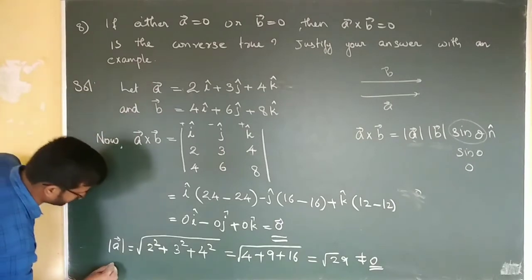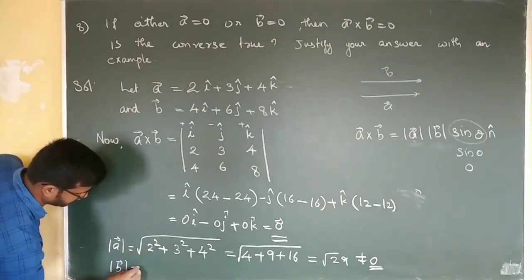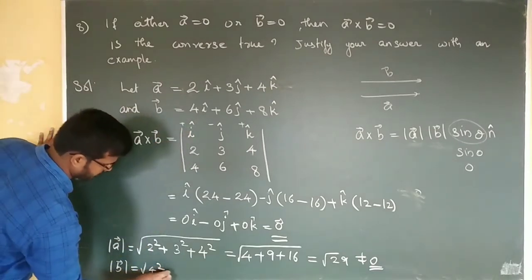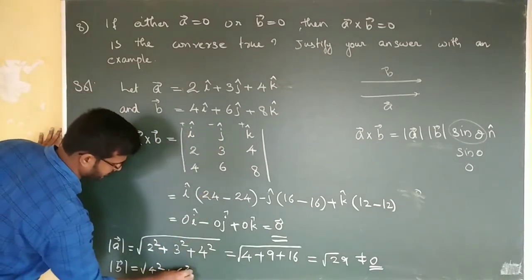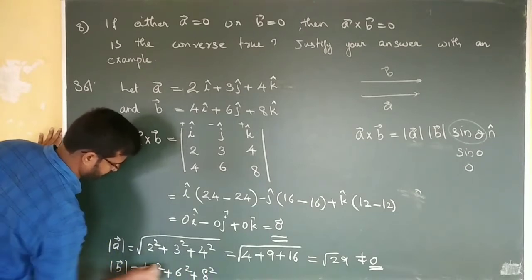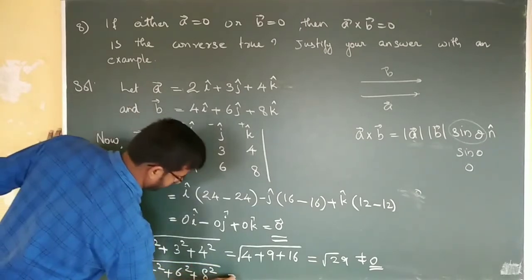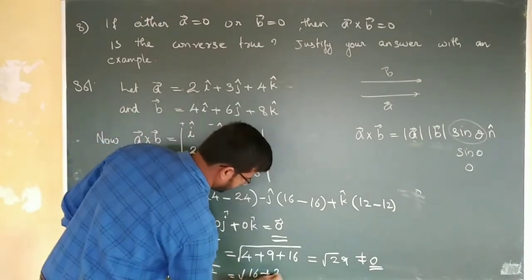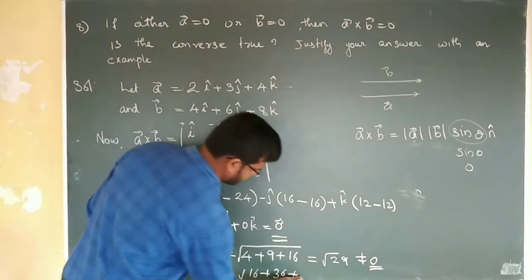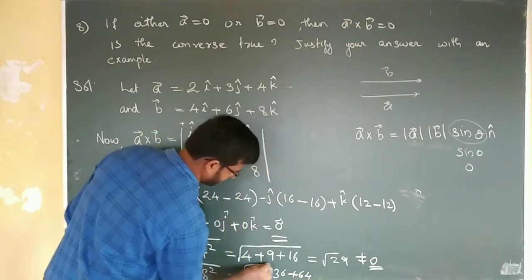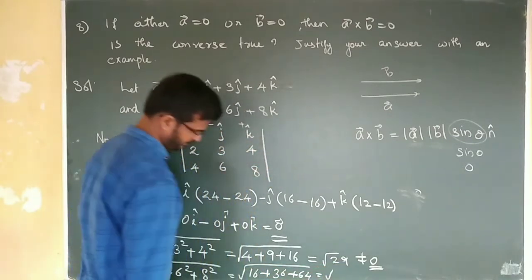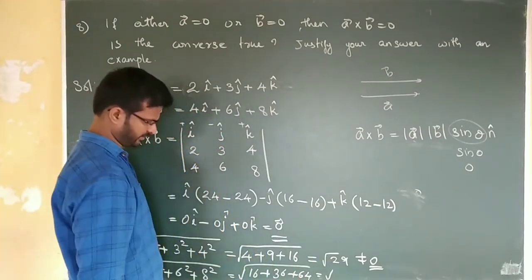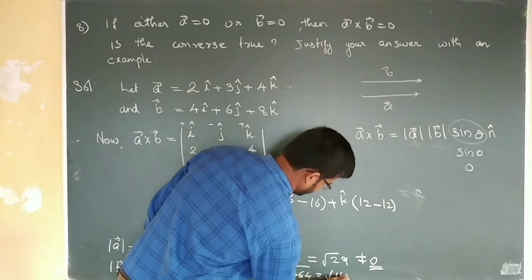And next, magnitude of b vector equals square root of 4 square plus 6 square plus 8 square, equals square root of 16 plus 36 plus 64. 64 plus 36 is 100, 100 plus 16 is 116.